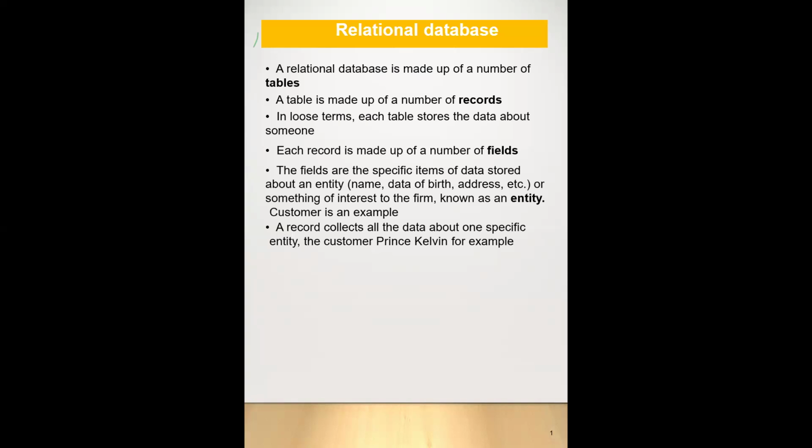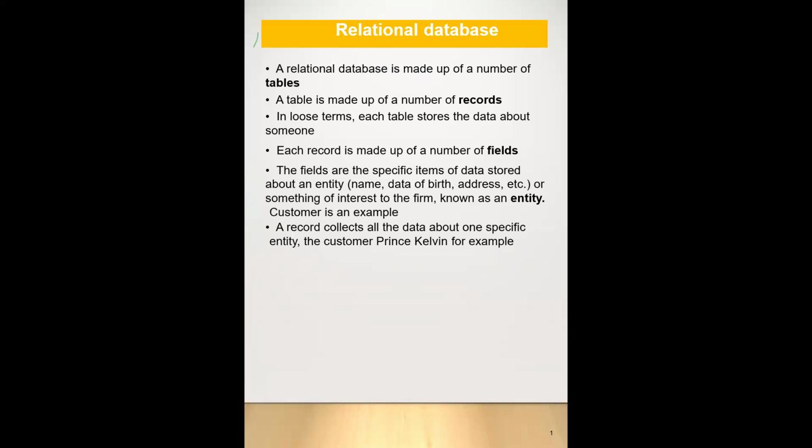So when we combine 8 zeros and ones, we can form the alphabet J. Then when we combine another 8 zeros and ones, we can form the alphabet or character A, and then B, and then R, and then I, and then E, and then L to become a field. So characters form a field, and then characters are made up of what? A combination of 8 zeros and ones, which are called bits.